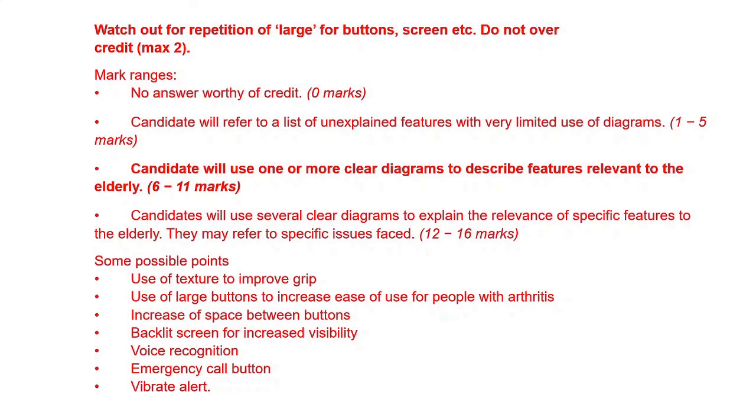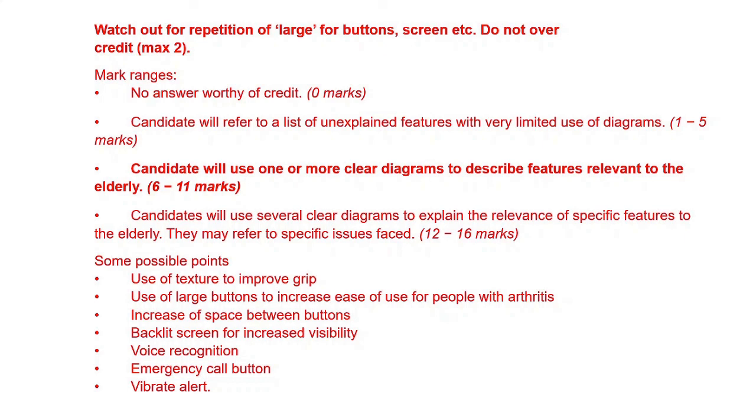This, again, is lifted straight from the mark scheme. Big things in bold are always for the markers, to make sure the key things are pointed out. So watch out for repetition of large buttons or screens. If you mention it already, you can't then get more marks for it later on. To look at getting, say, 12 to 16 marks, candidates will use several clear diagrams to explain the reference of specific features to the elderly.